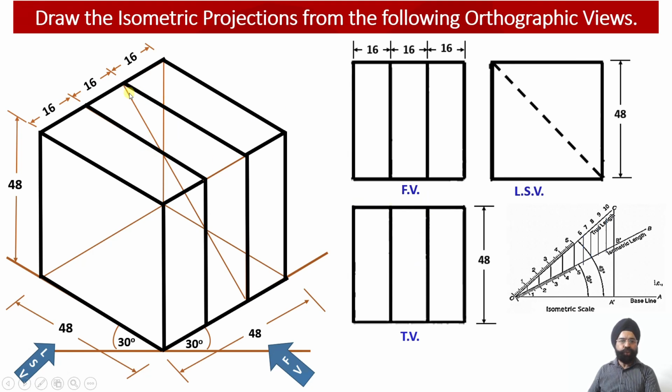Now, in order to show this inclined surface, I need to join this portion of the inclined web and this portion of the inclined web. This portion of the inclined web has been covered by this square vertical web over here, so that is why I did not join it straight away. Now I am also going to join this point with this point so that we can just have a feel.